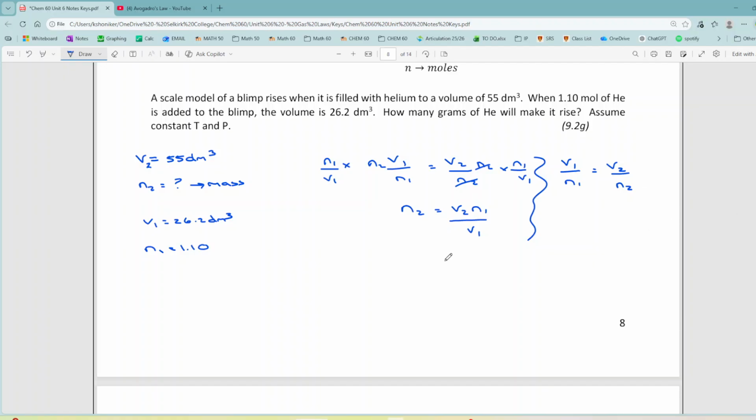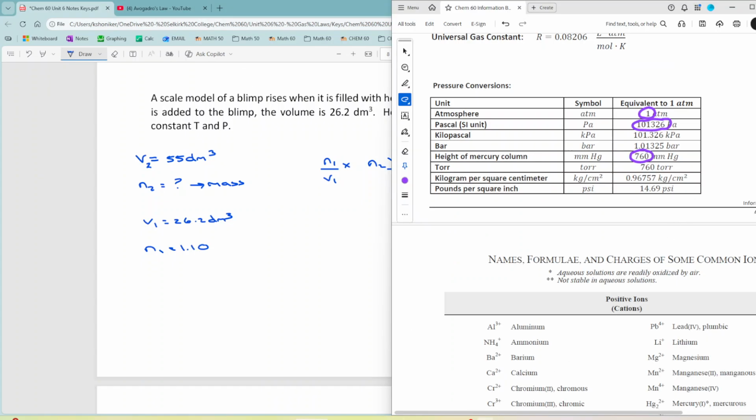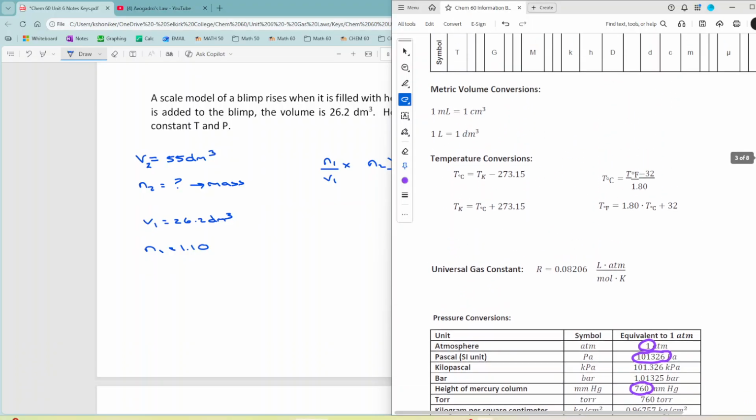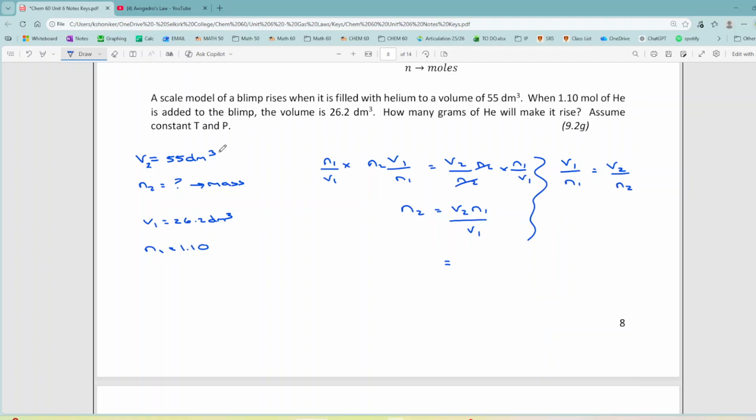So if I was to do it with this rearranged equation, I'm going to keep my volume in decimeters cubed, just to reiterate that if you wanted to change it, we do know that 1 decimeter cubed is equal to 1 liter anyway. So we could just say that this is 55 liters and that this is 26.2 liters.